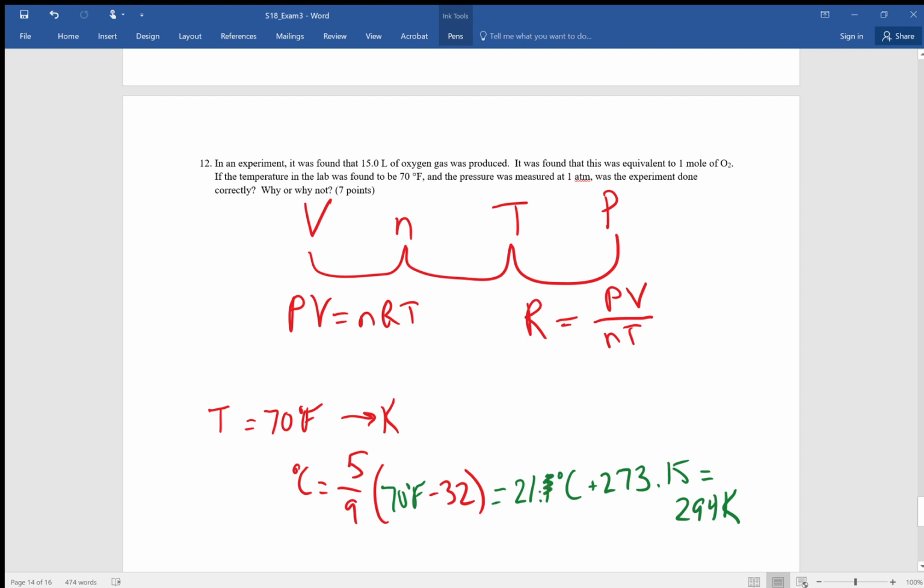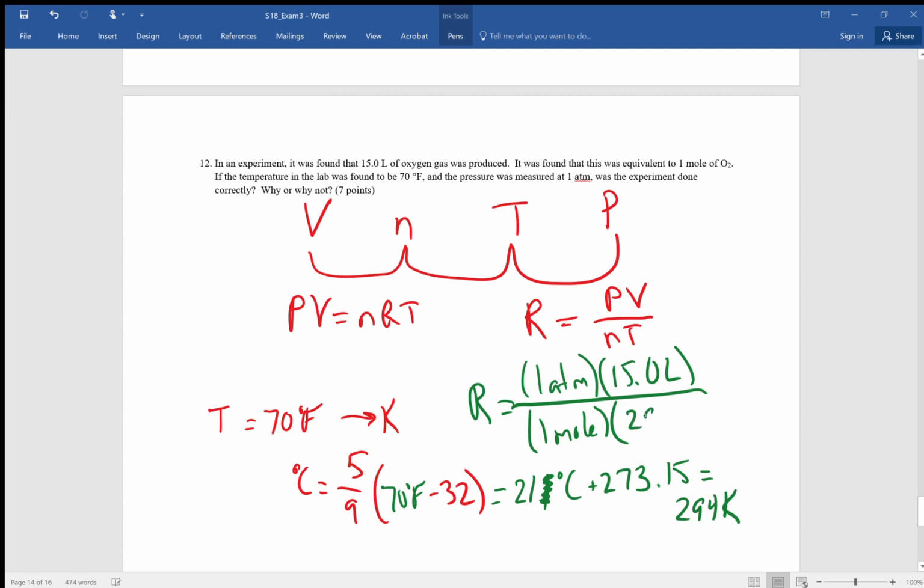And we should just keep this to 2 significant figures here. We can now plug all of these values in. We get R is equal to the pressure of 1 atmosphere times the volume of 15.0 liters divided by 1 mole times the temperature of 294 Kelvin.